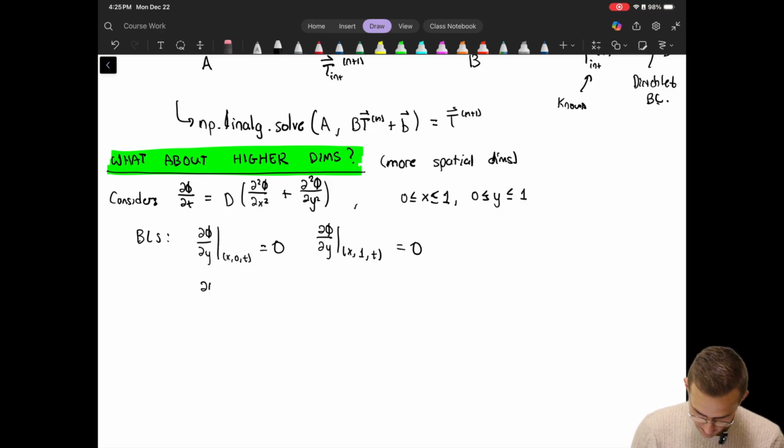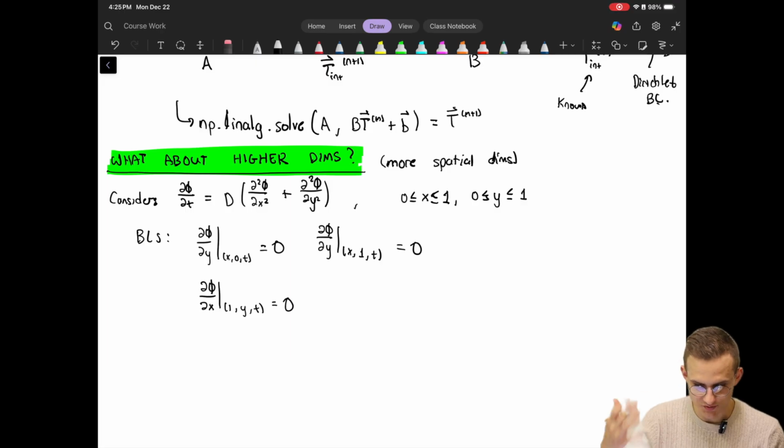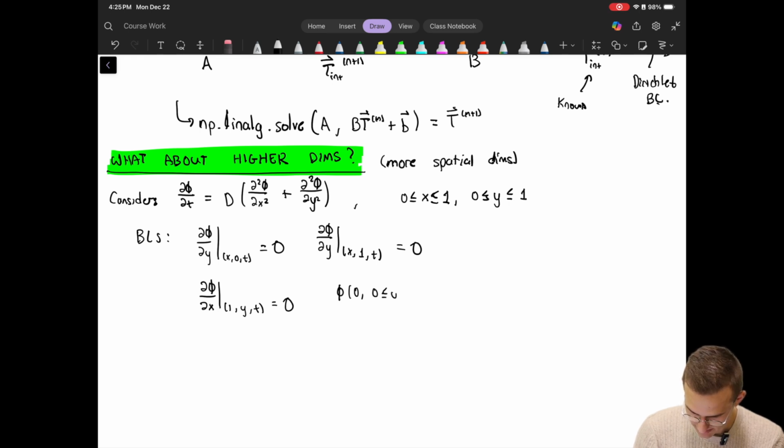And then we have that the derivative in the x direction at the right-hand side, at x equals 1, y, t, has to be equal to 0. And then we're going to define a piecewise Dirichlet style boundary condition of phi 0, y. For y less than 0.25, a region of y here, the first quarter of y, near the bottom of the domain, phi is going to be equal to 0.